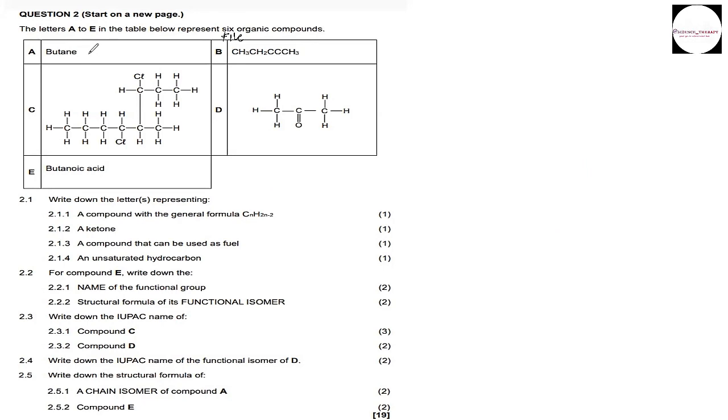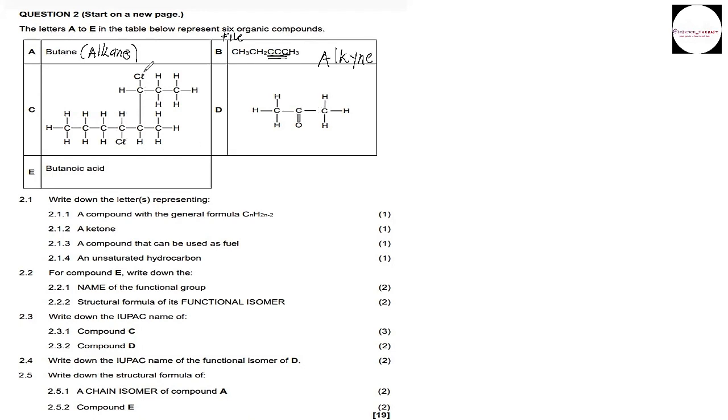Now we know the strategy is to first identify the homologous series to which each compound belongs. So we have butane. It belongs in the alkane homologous series. And then here, we've already identified that when we see something like this, it is a triple bond. So this is an alkyne. This belongs in the alkyne homologous series.